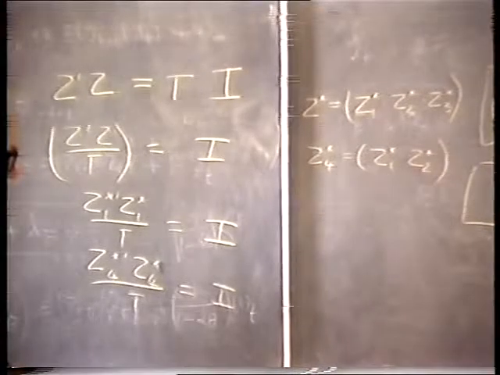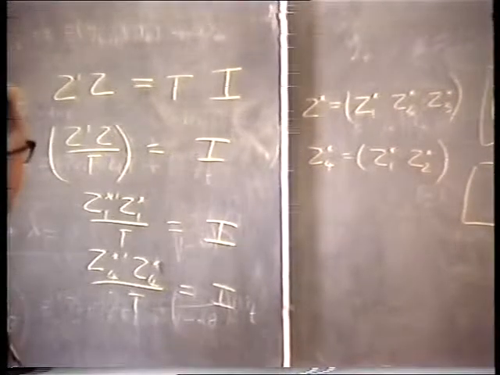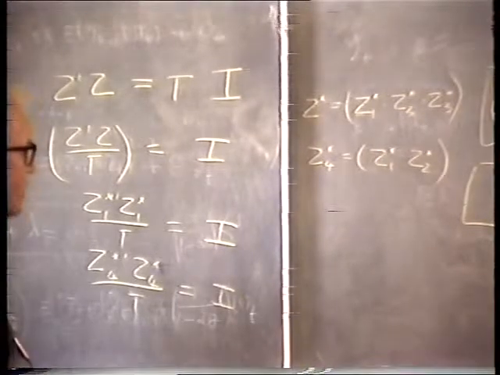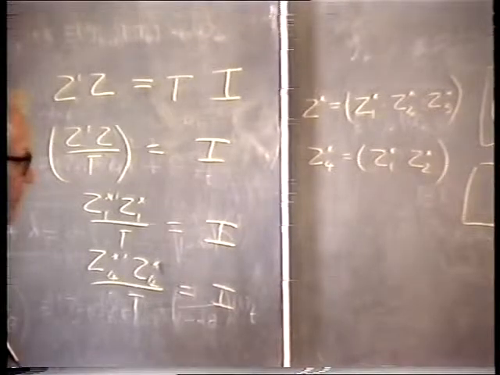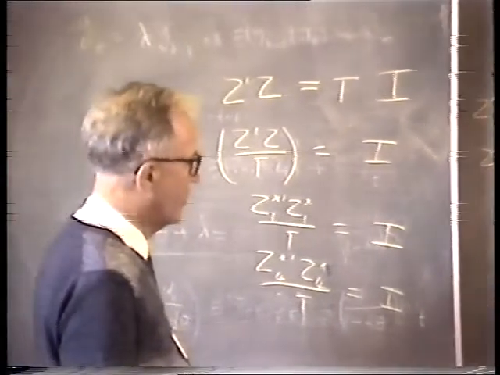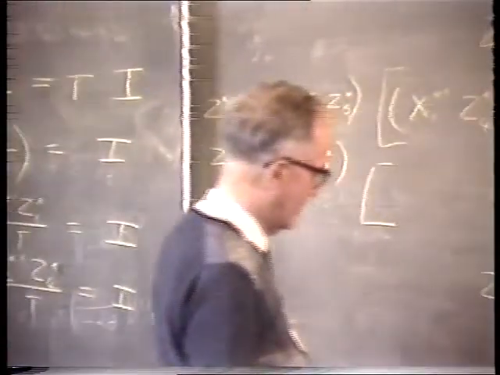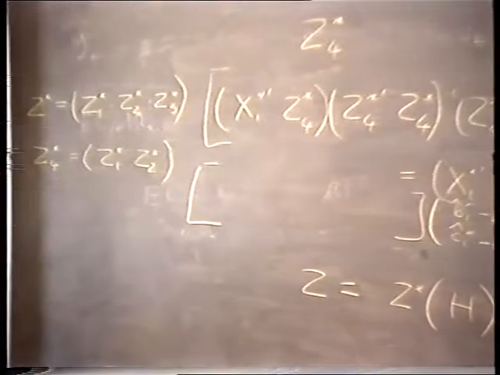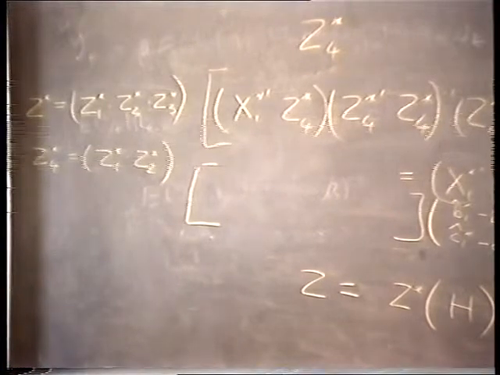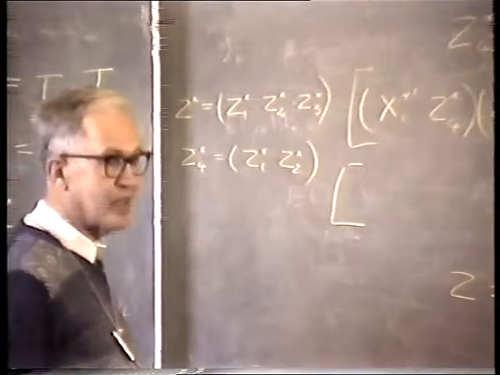One can always, first of all, choose the Z2 star so that the new transformed variables Z2 are independent of, orthogonal to, the Z1 star variables, and then do a supplementary transformation to get them orthogonal to each other. And then finally, we redefine the Z3 variables so that they're linear combinations of all the Z star variables, orthogonal to all the new Z4 variables, and then orthogonal to each other.